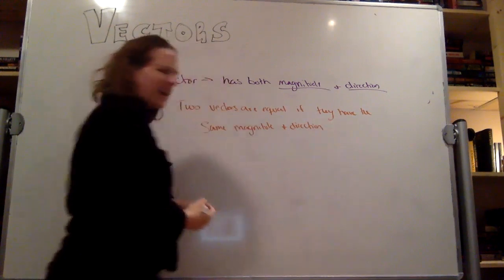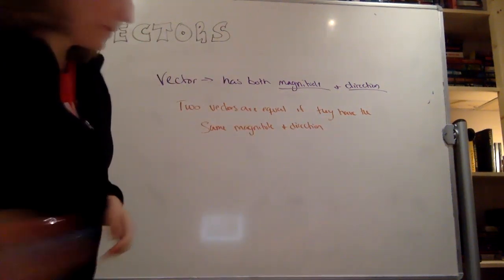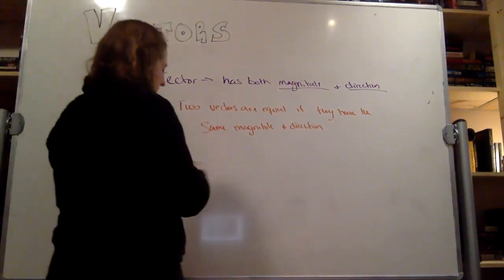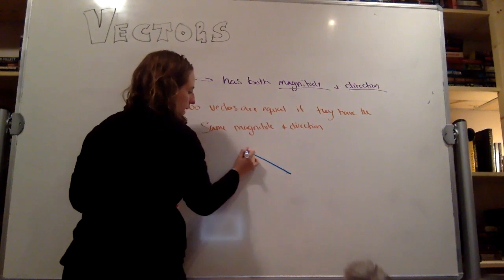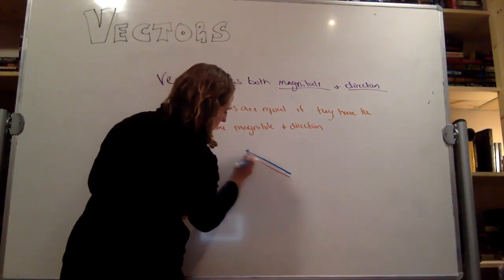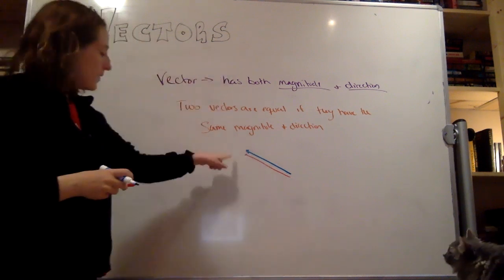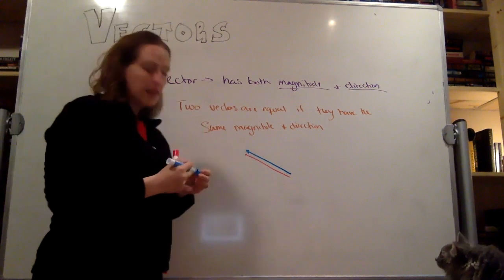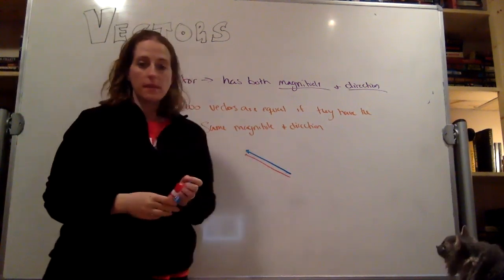In other words, they don't have to occupy the same space. We sort of saw that in our Cartesian coordinate example. But as long as they have the same magnitude, or the same length, and the same direction, okay, so those two vectors, the blue vector and the red vector, would be equal to each other because they go the same direction and they're the same length.